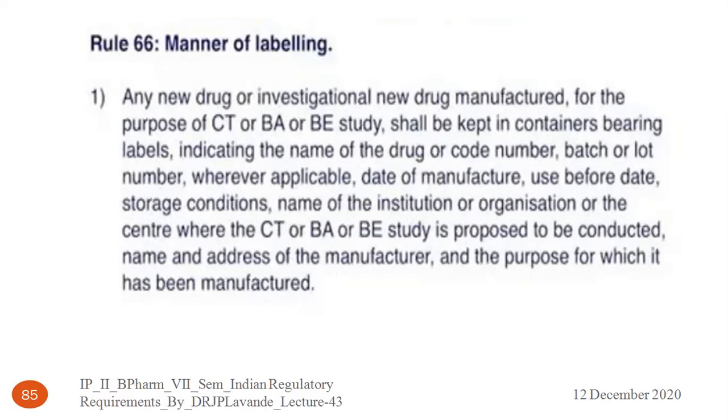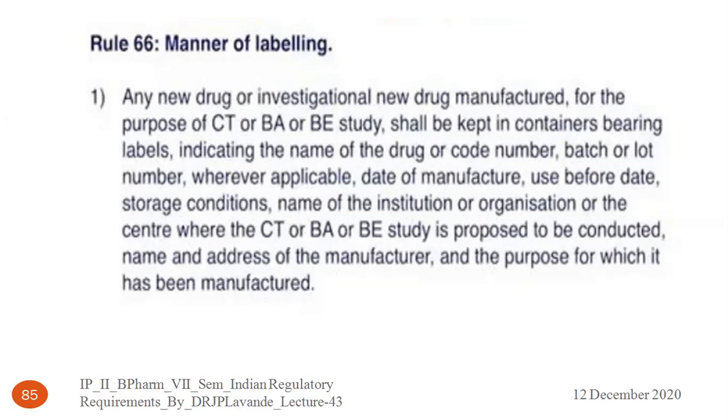That should contain the name of the drug, the code number, the batch, the lot number, the date of manufacture, use before date, that means the expiry date, the different storage conditions, the name of the institution or organization or the center where the clinical trial or BABE study is proposed to be conducted, the name and address of the manufacturer, and the purpose for which it has been manufactured.